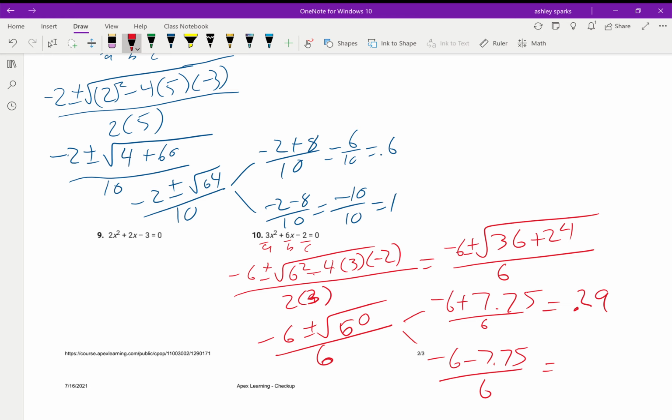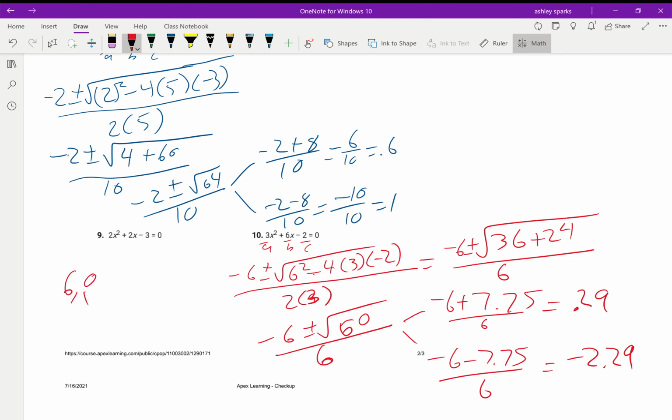Negative 6 minus 7.75 divided by 6 would give me a negative 2.29 for a decimal. Again, if I had answer choices from that point that were in radicals, I would just make the radicals into decimals. I could have also simplified 60.